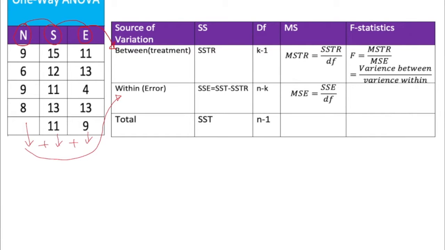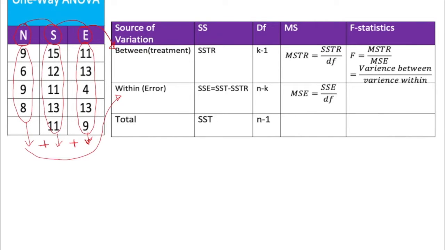So whatever calculation comes up for this whole thing, this is within, inside. We're going to add those calculations, and I'll show you. Within is basically where we find the error, and between together with it gives the total. I will show you step by step.